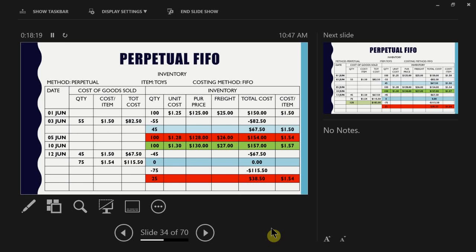If in grand total it costs me $154 for those 100 inventory items, and I subtract out what I sold, which was the $115.50, I should have a remaining amount of $38.50 left for those 25 items, which again should still cost me $1.54 each, of course.